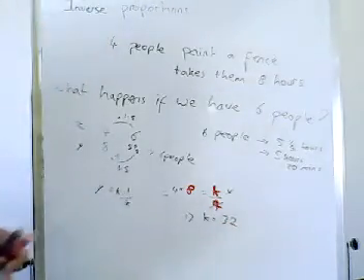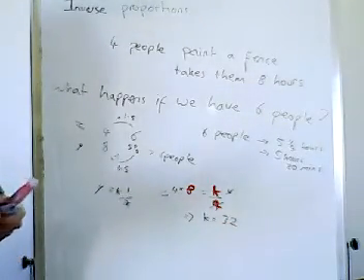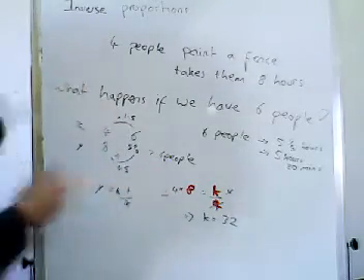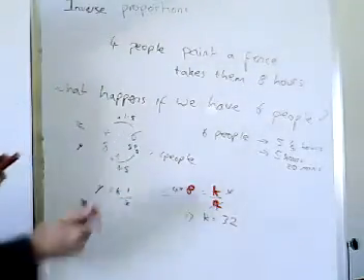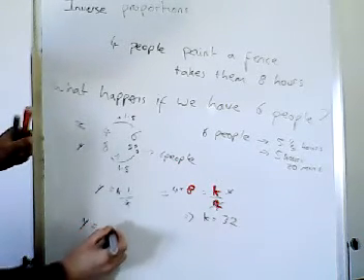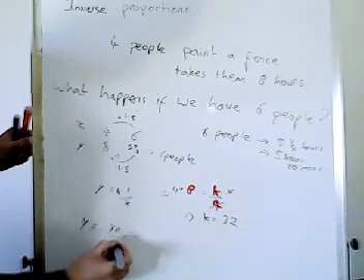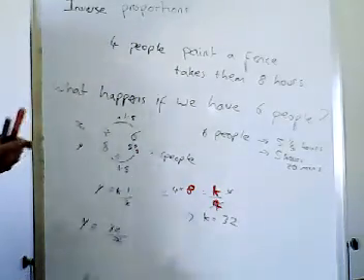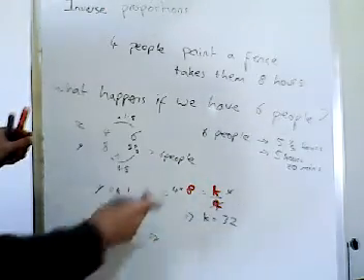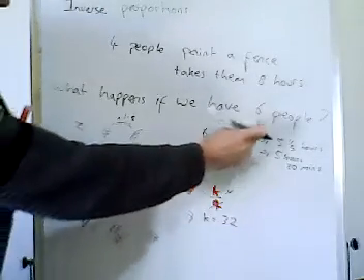Okay? So the constant here is 32. So our formula here is y equals 32 divided by x. So in this case, if we put the numbers in that we've got here, we've got 6 people now. Yeah?